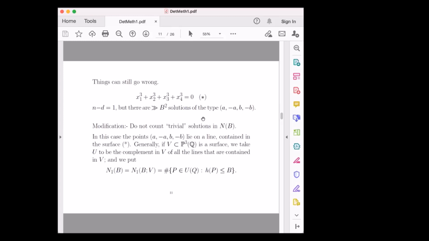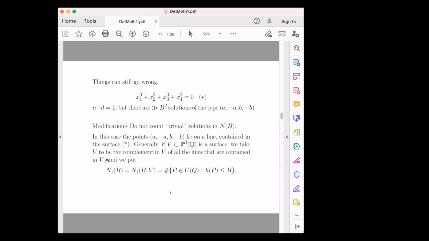Well, what's happening here is that these points make up a line in projective space. And it's a line that is contained in this variety. Well, that's just another way of saying that all these points satisfy this equation. So generally, if we have a surface in projective space, we'll take capital U to be the complement in the surface of all those lines that are contained in the surface.